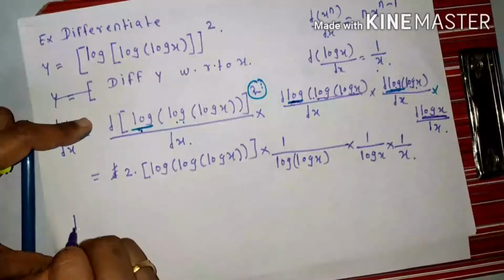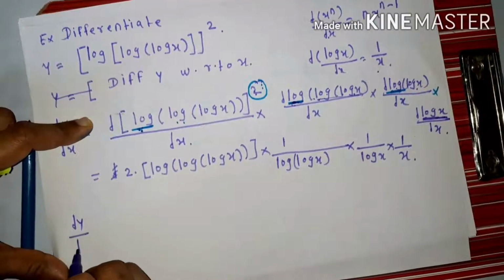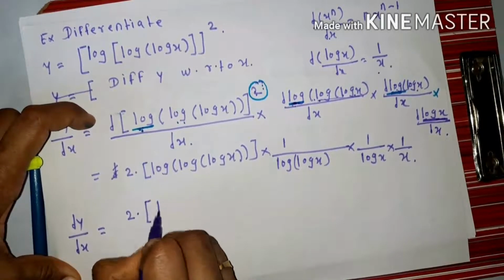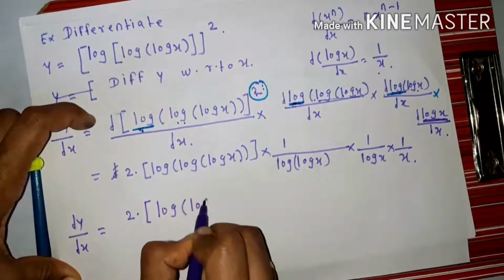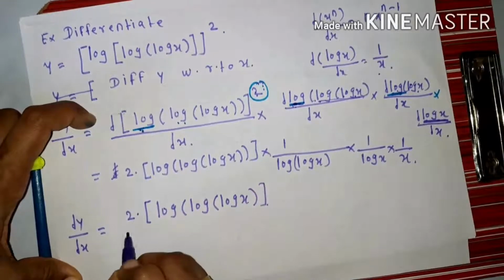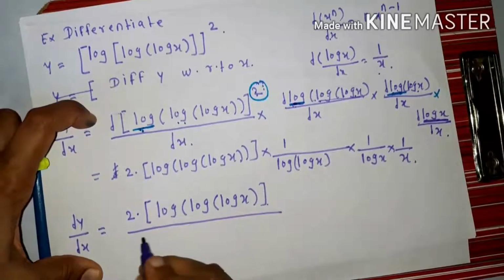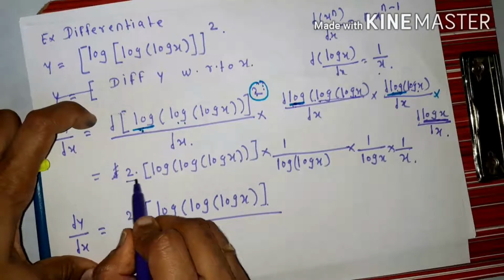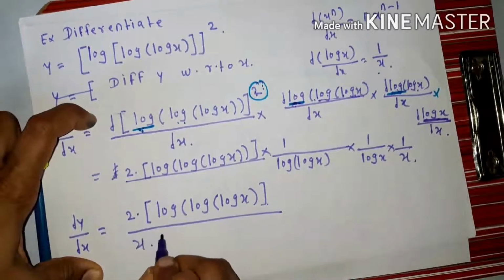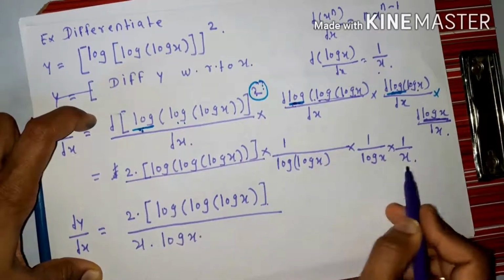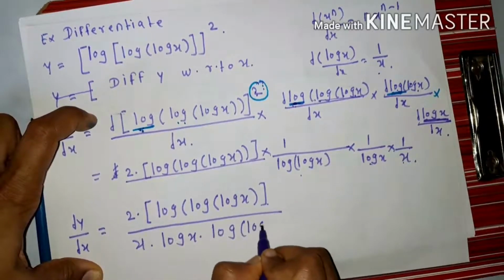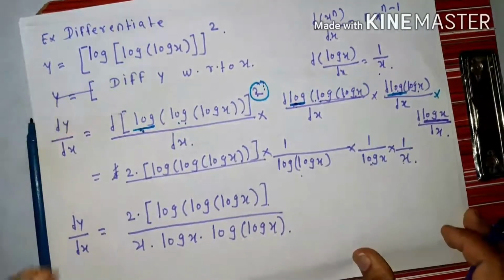Therefore dy by dx equal to 2 into log x upon, this is the numerator term, and the terms at denominator are x into log of x into log of x into this log of x. In this way we have differentiated.